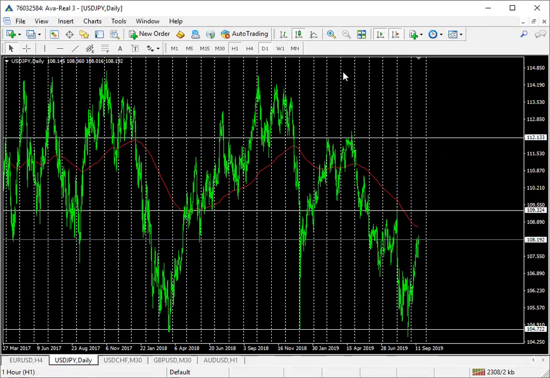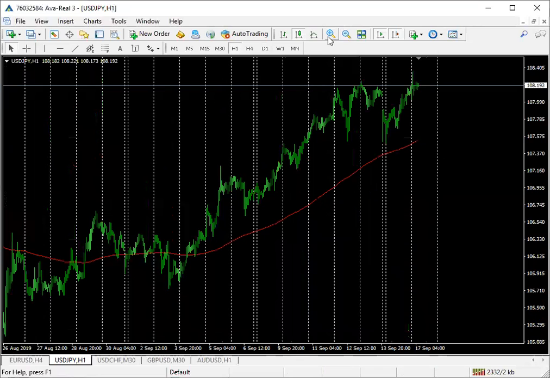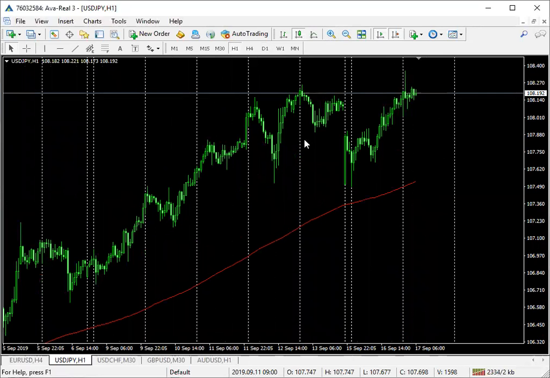So even on the 1 hour time frame, you can see the beginning of the week, the market made this low, which sort of spiked this previous swing low point somewhere around here.